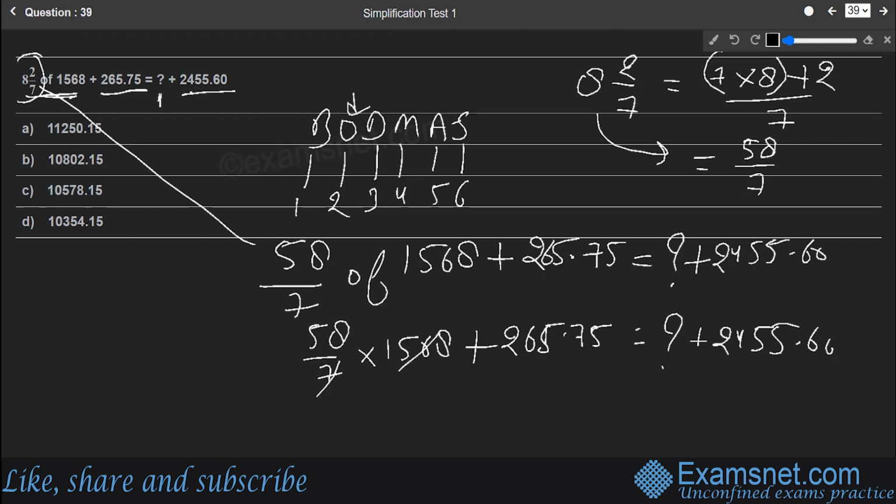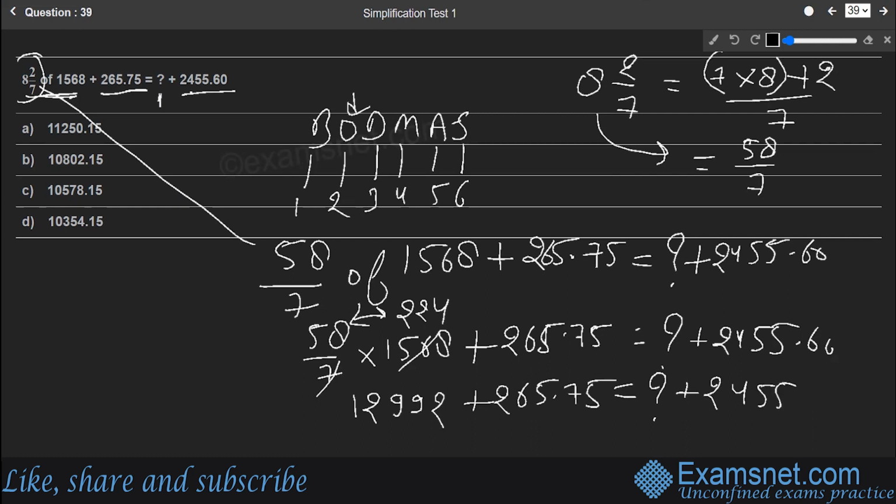If we cut 1568 by 7, that is 7 2s are 14, carry 1, 7 2s are 14 again, 2, 7 4s are 28. We have to multiply 58 and 224 together. If you multiply 58 into 224, the value comes out to be 12,992 plus 265.75 is equal to question mark plus 2455.60. Later we can solve this for question mark.